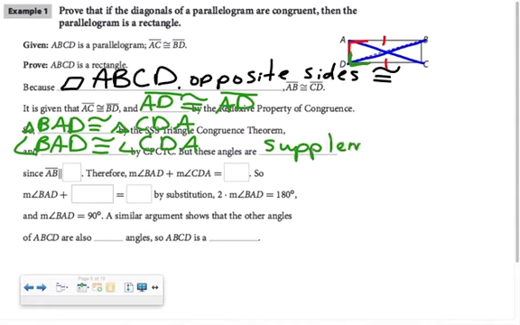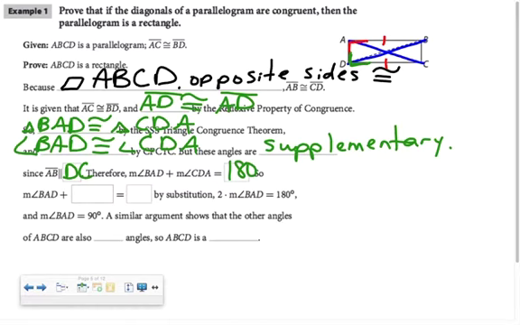But I know that these angles are supplementary. Because this is a parallelogram, that means BA, or AB as the book says, is parallel to DC. Therefore, the measure of angle BAD plus the measure of angle CDA is 180.